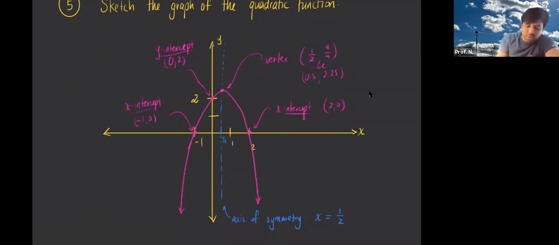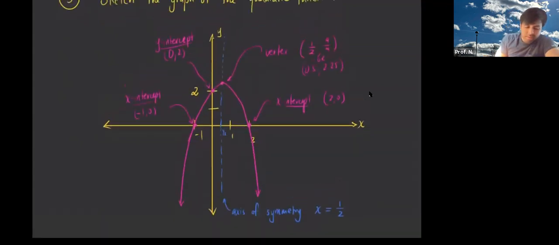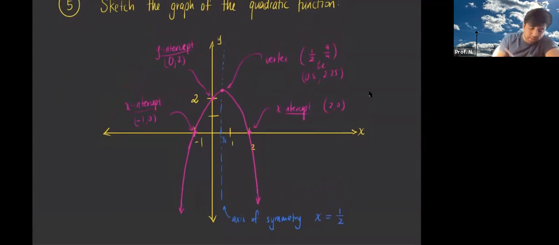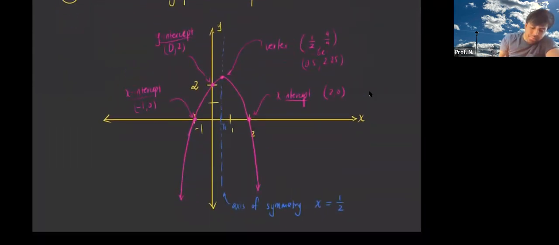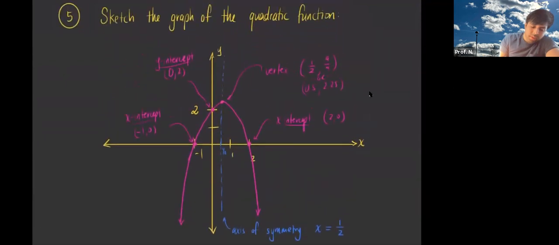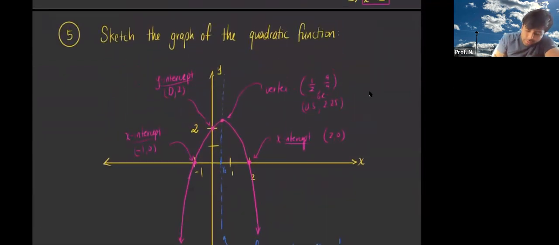And one thing, the y-coordinate, I just want to make a note of this. So the y-coordinate here is known as the maximum value. So the maximum value is the largest y-coordinate, which is 9/4.